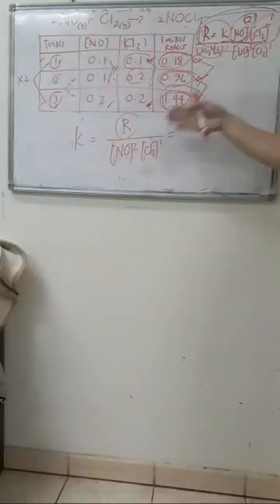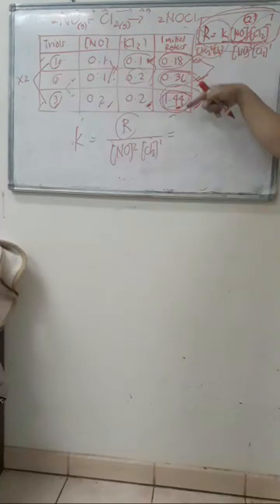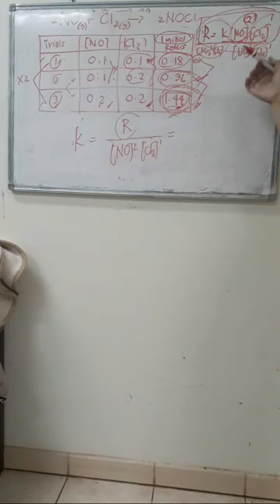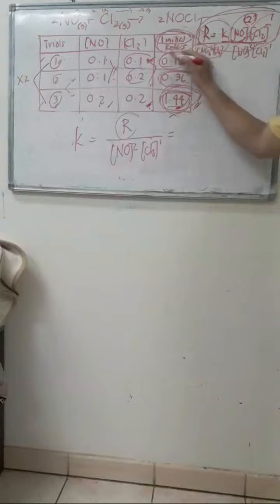Because we have 3 rates here, actually we can use any, but you know the adjective is initial. If the adjective is final, then we use 1.44. If the adjective is average, then we need to divide by 3. If the adjective is total, you need to add the 3. So here the understanding and interpretation of the English language matters a lot.